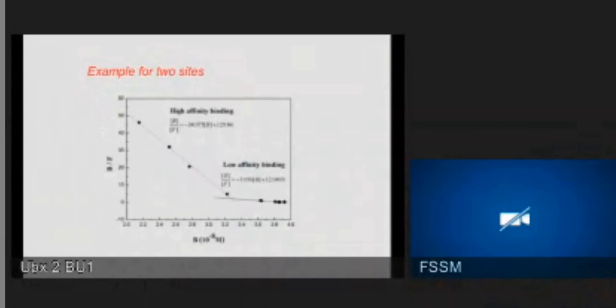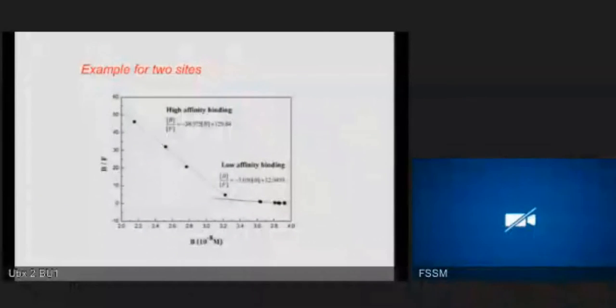And there is one advantage that usually you don't see with the hyperbole representation.